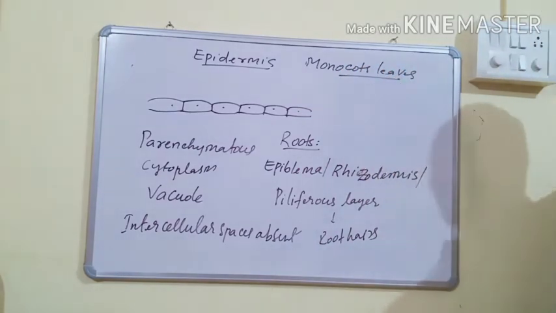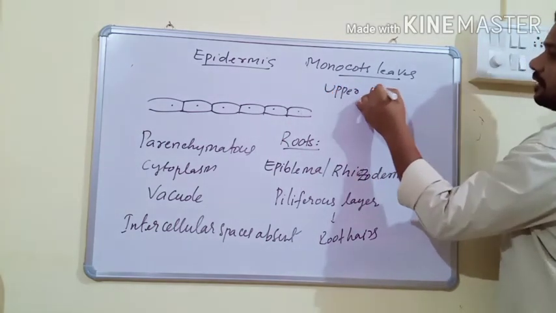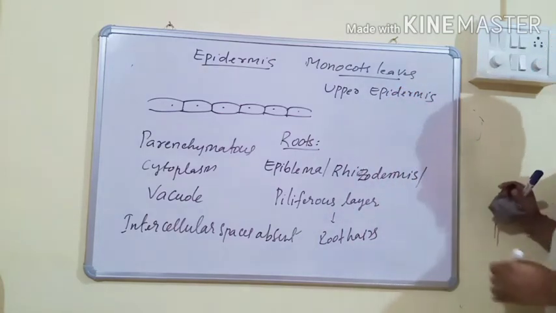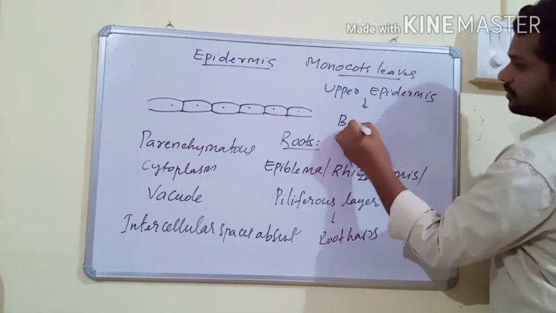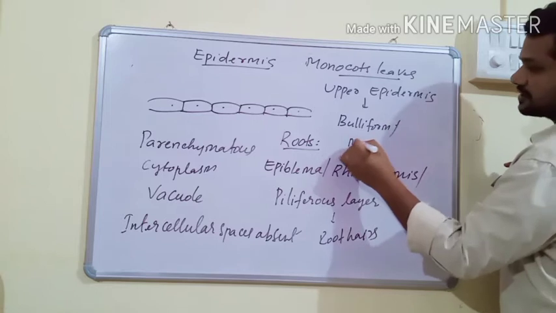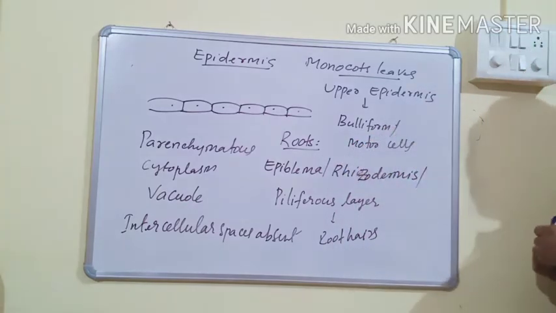In leaves there are two epidermises, upper epidermis and lower epidermis. In monocot leaves, the upper epidermis has colorless cells called bulliform cells, or motor cells.